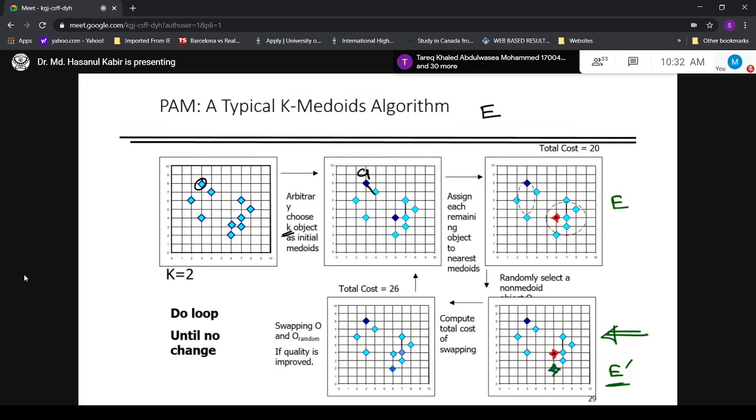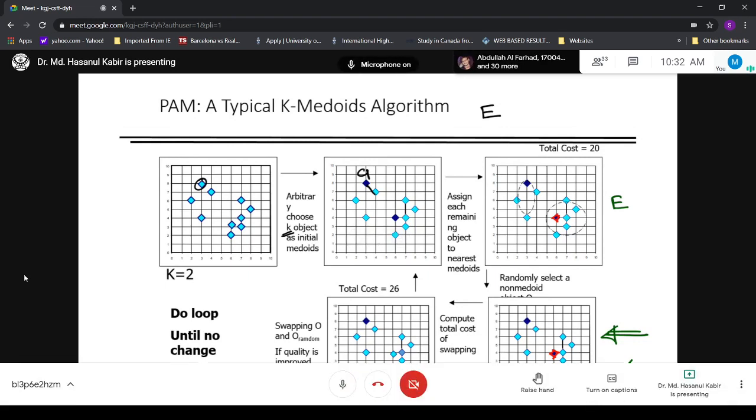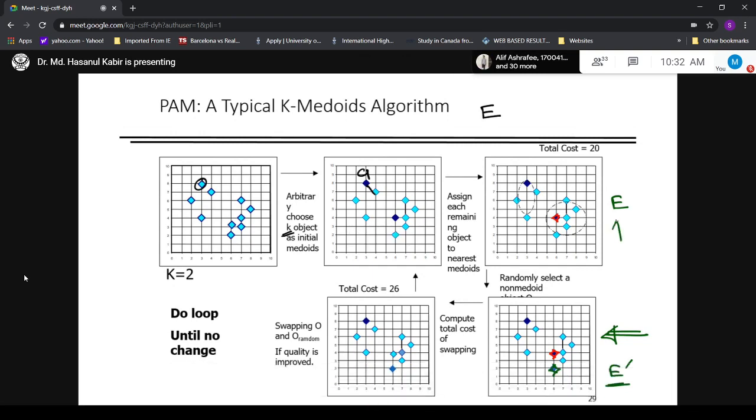How do you know whether the new member as the center has improved the result or not? Yes, by comparing E and E dash.